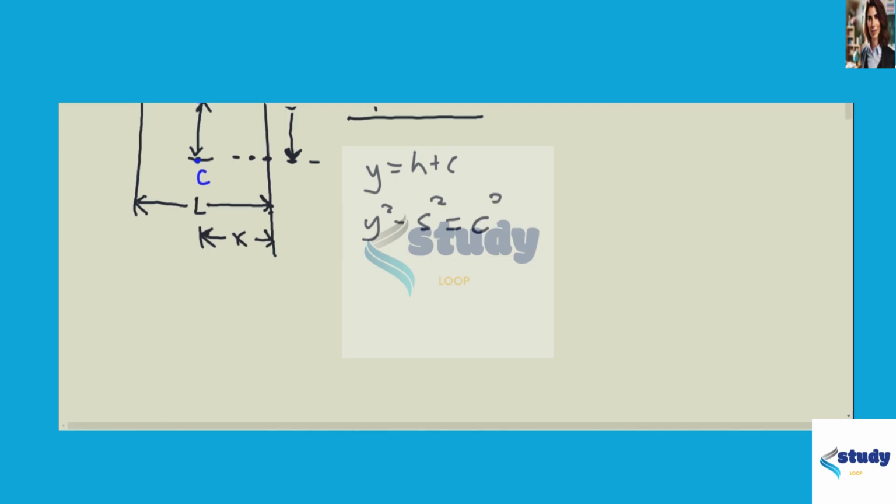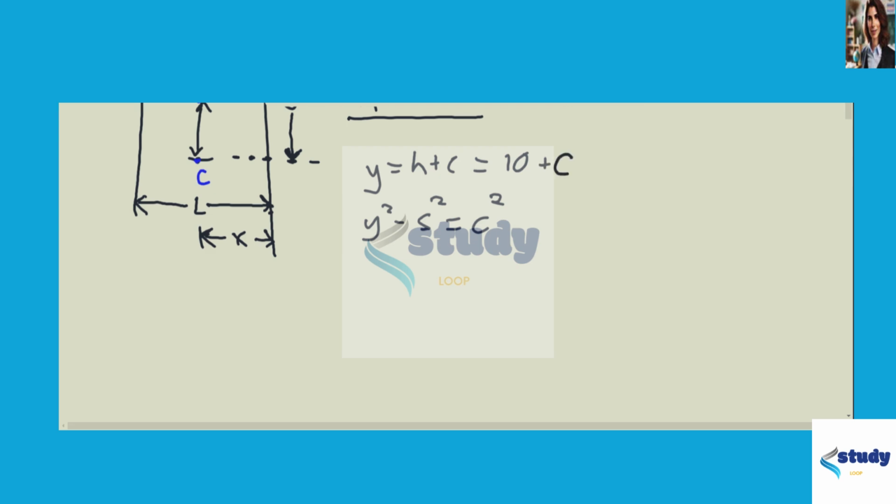So because we know H and because we know S, between these two equations, we can now solve for Y and C. So Y is equal to 10 plus C, because the sag is 10 feet.